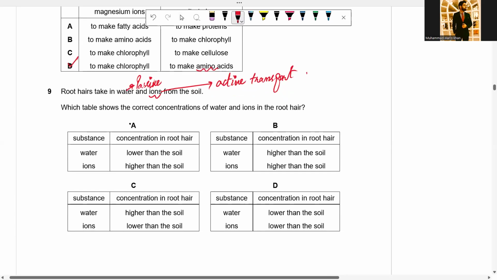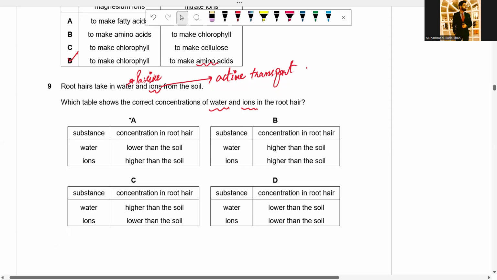It means the concentration of ions in the root hairs will be higher, and the concentration of water will be lower. So option A is correct.